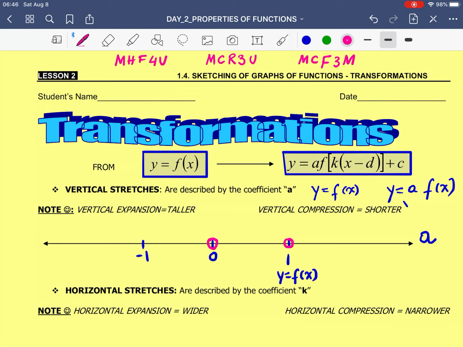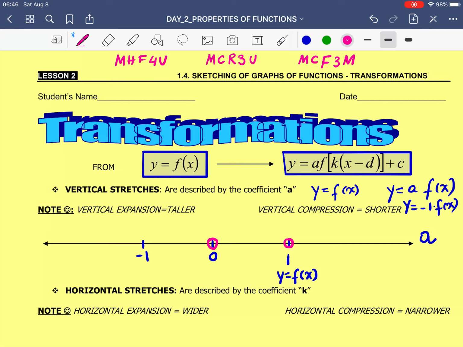The same thing happens when a is negative 1. When you multiply f of x by negative 1, so if you have y equals negative 1 times f of x, again, the shape of the graph has not changed. It's just the orientation of it.